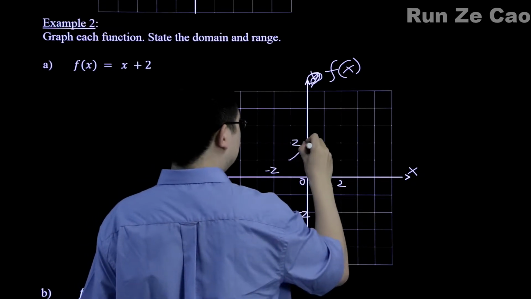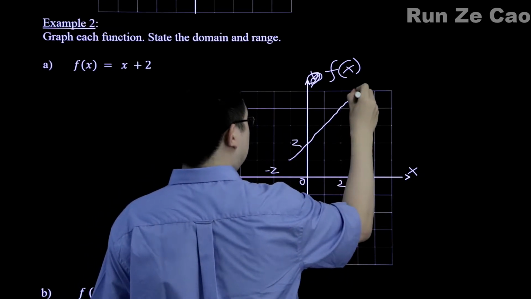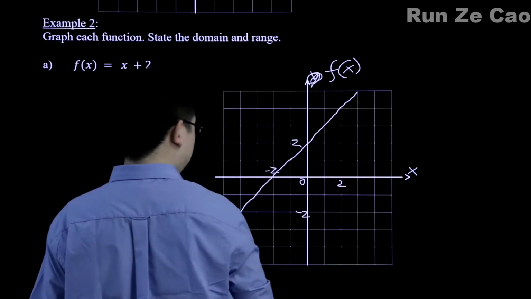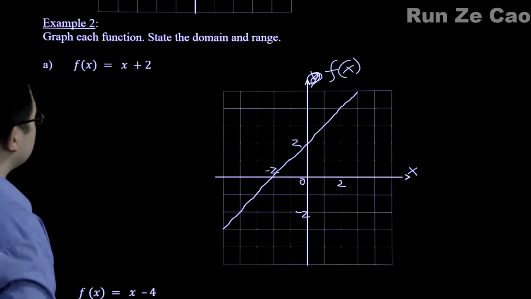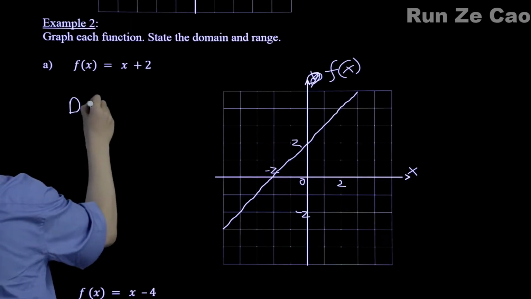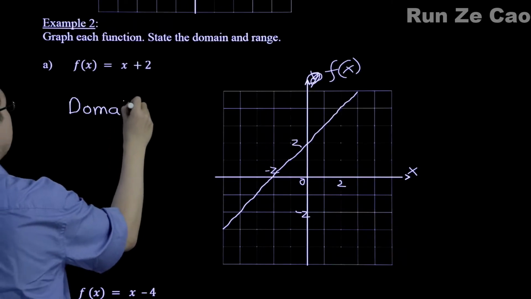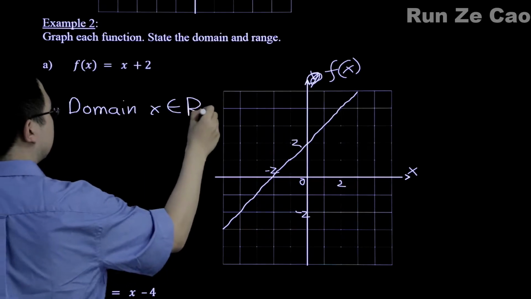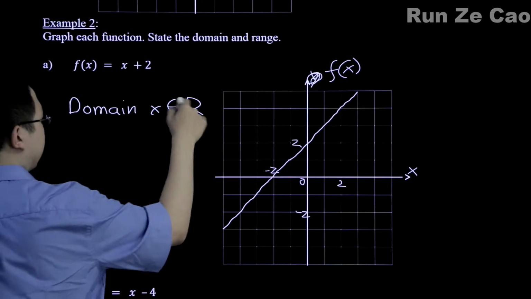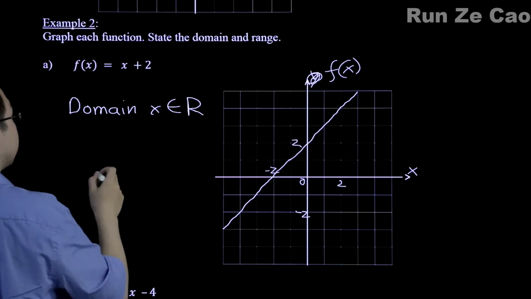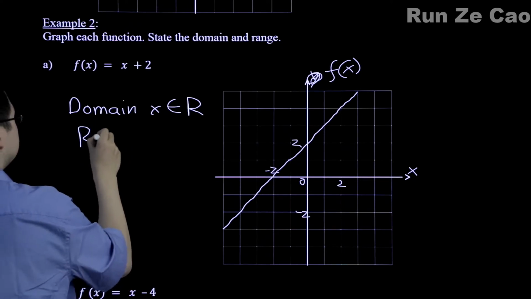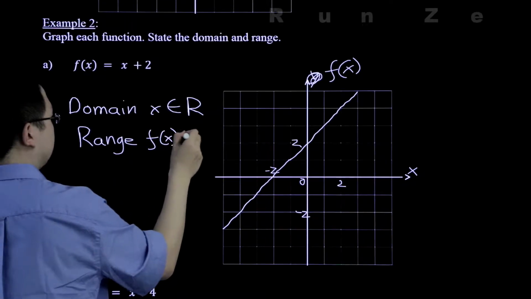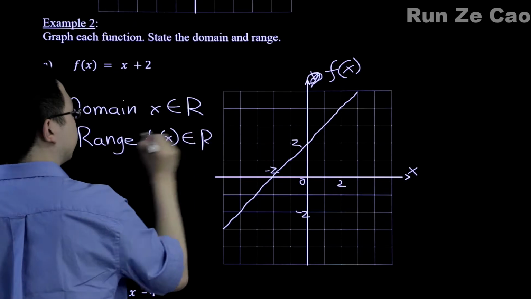That means we need to have a slope of 1 and a y-intercept of 2. All right. So domain is x is an element of the real numbers. You might have some other particular notation depending on region for real numbers. And range, f(x) is an element of the real numbers.